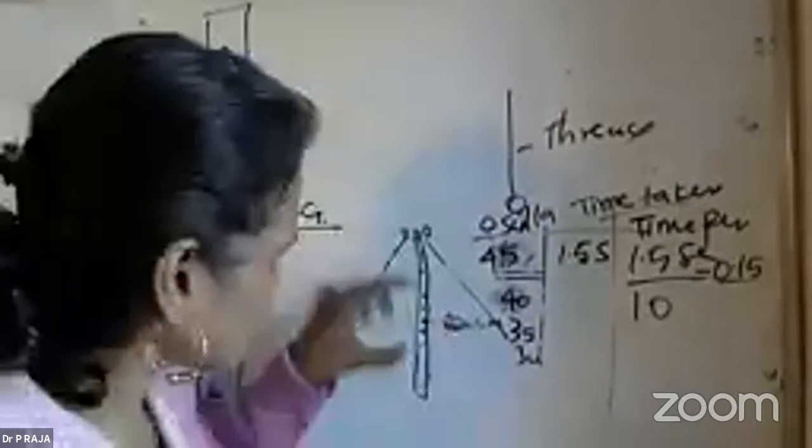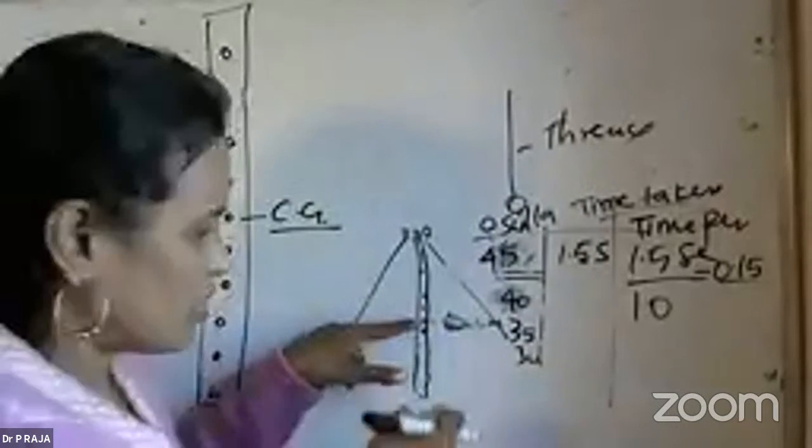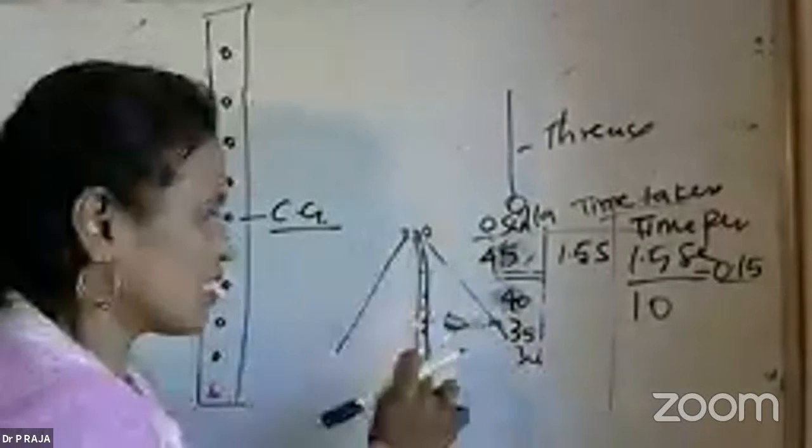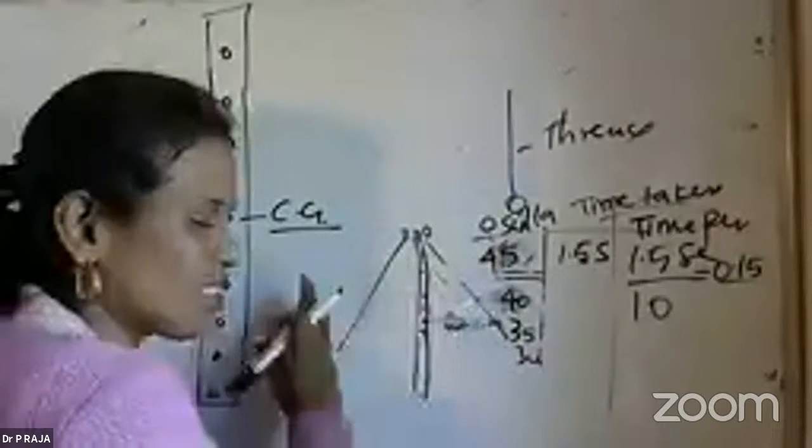After coming to this 50, the CG point, it will be reversed. Again it will be reversed. We call this side A and we call the other side B. At the center of gravity, the 50th hole, the 50th distance from the top, you will find this pendulum is not oscillating.